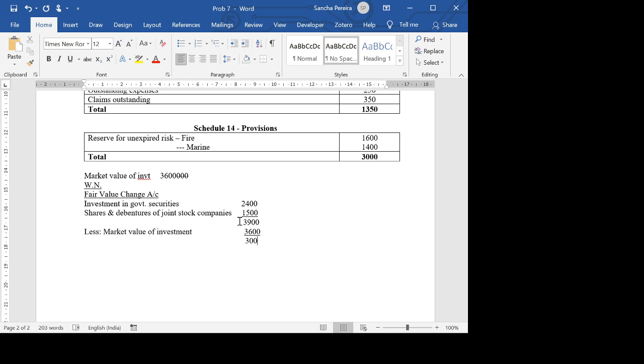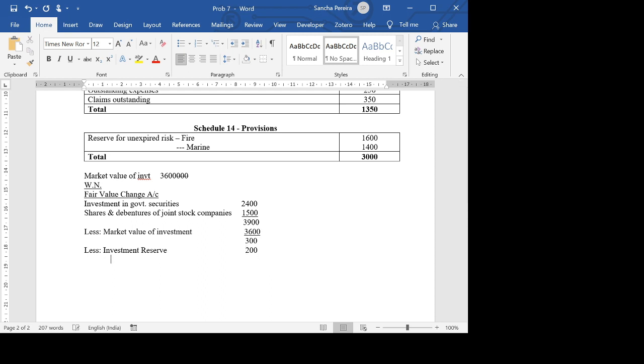300. To compensate for this loss, we have something called the investment reserve. If you check the amount of investment reserve, you have 200. So you had a loss of 300, but to provide for this loss you have only 200 in the reserve.